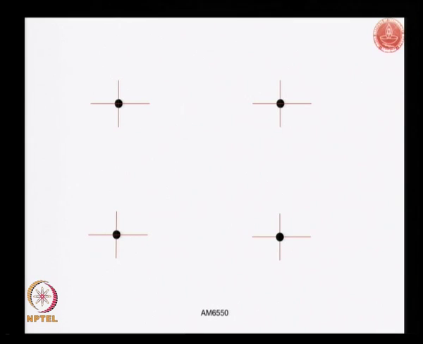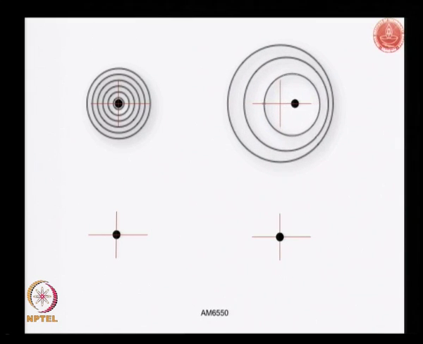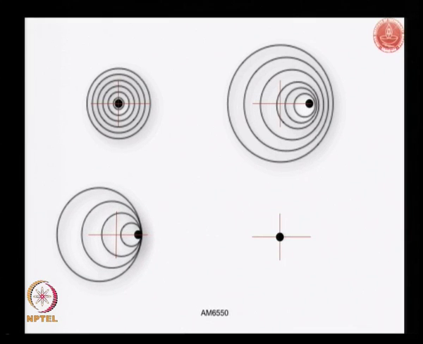Now, just look at the first one. Look at this one. I hope you see the difference. We will redo that a couple of times and try and see what happens.